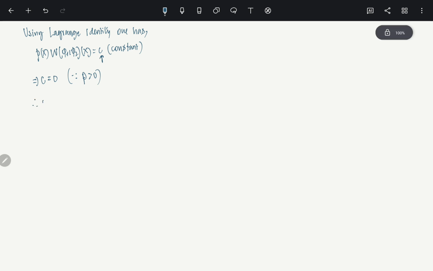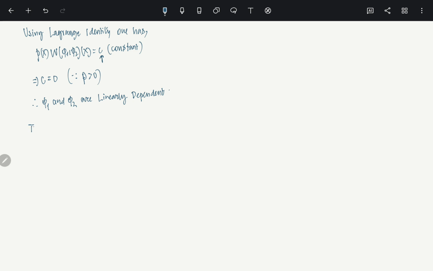It implies that phi1 and phi2 are linearly dependent. I hope this is clear to you. So what do we have for one eigenvalue? If you have two different eigenfunctions phi1 and phi2, then phi1 equals C times phi2. That's what it is saying. So the other way of saying it is that the eigenvalues are simple.